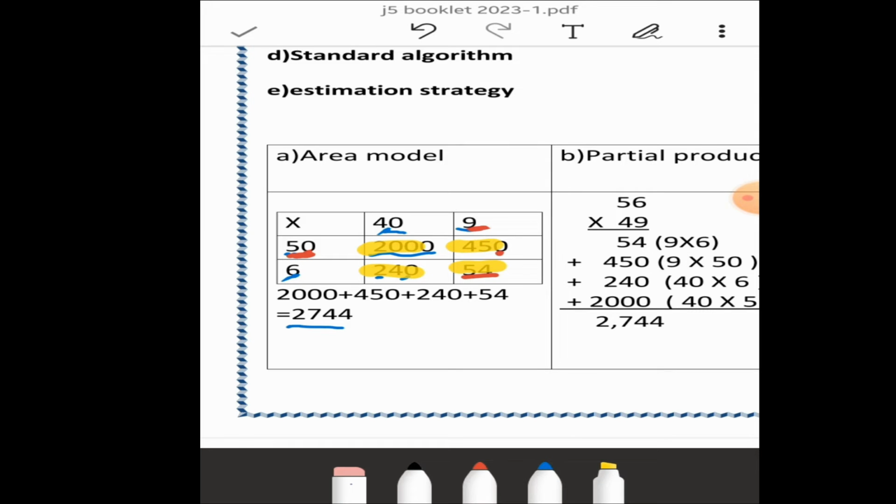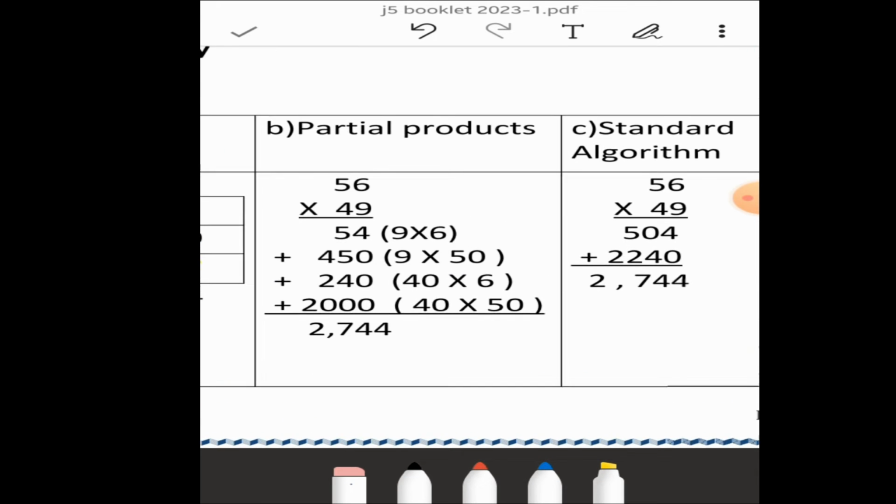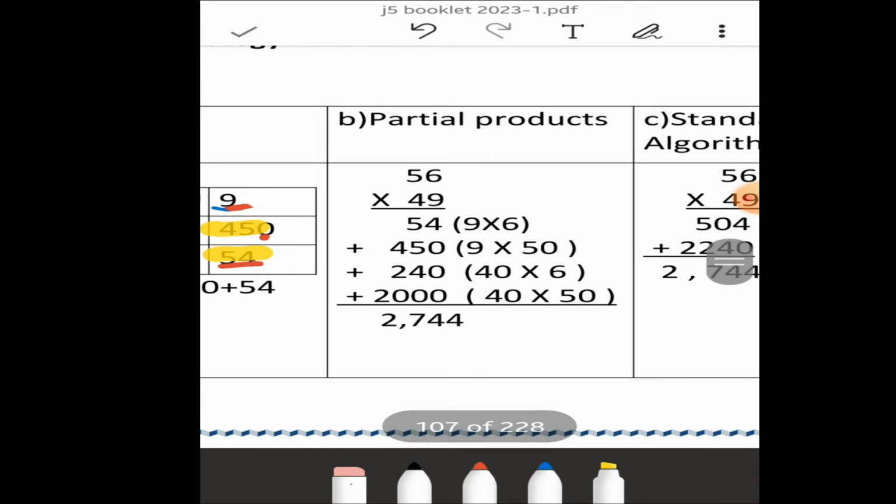So our answer here will be 2744. And then in partial products, we will multiply vertically as 56 times 49.